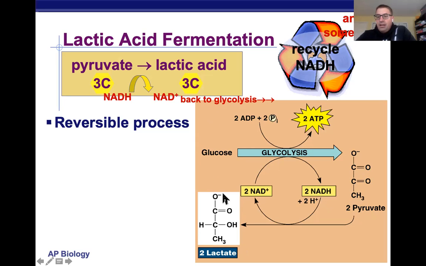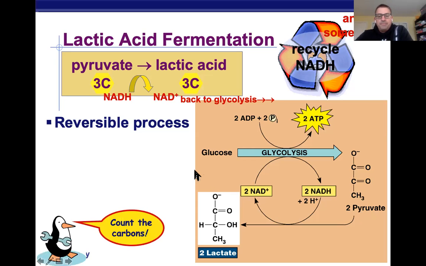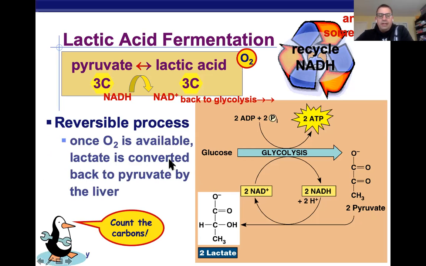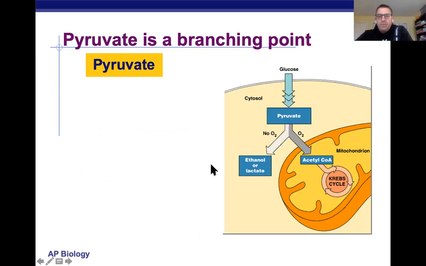The lactate can go to your liver and be converted back into pyruvate, which can then finish off the rest of the stages of cell respiration once oxygen is available to the organism. So once O2 is available, the lactate is converted back to pyruvate by the liver, like I was saying. Okay, so pyruvate is our branching point between fermentation and aerobic respiration.